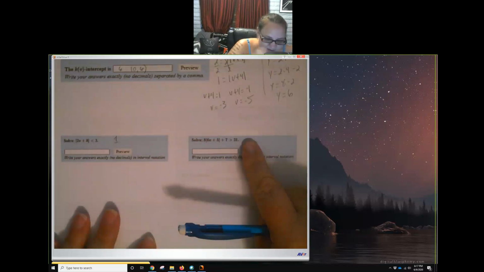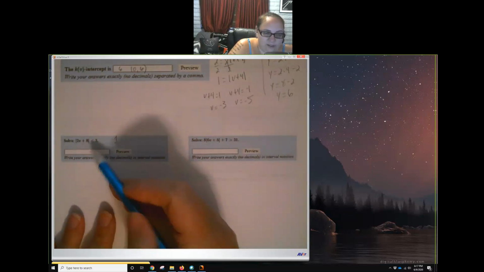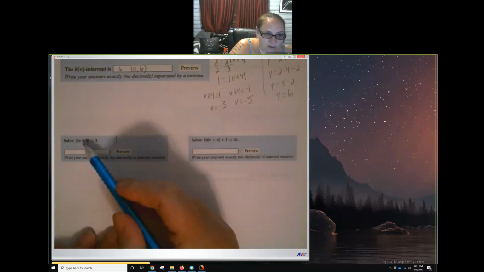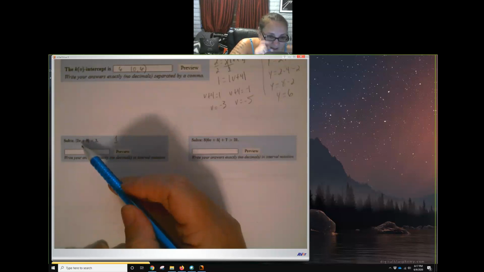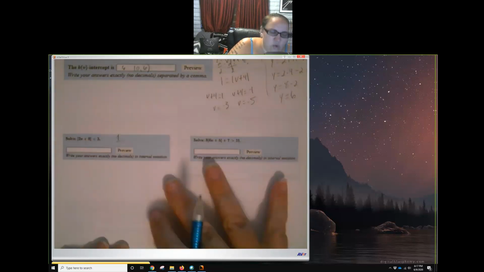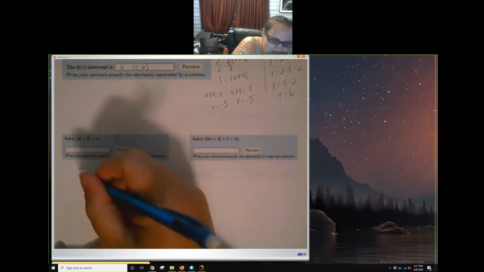And so here's what I mean by that. The first thing you would always do is isolate the absolute value, but this absolute value is already by itself. There's nothing in front of it, outside of it. So in order to get rid of the absolute value bars, I turn this into one long inequality, and I take this 3 and I make it negative.